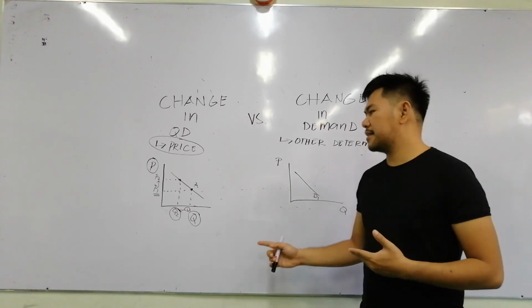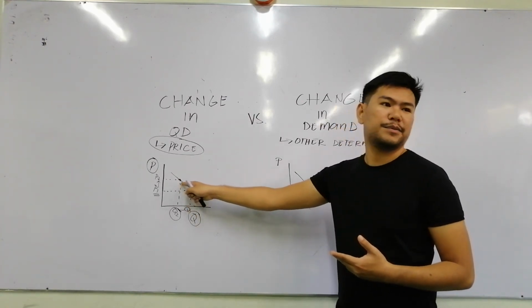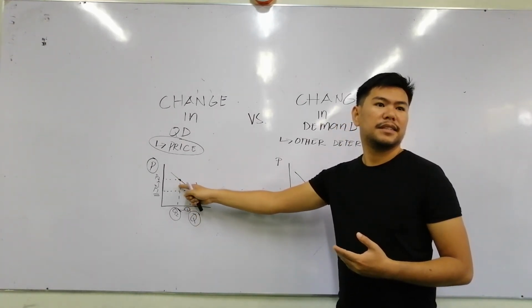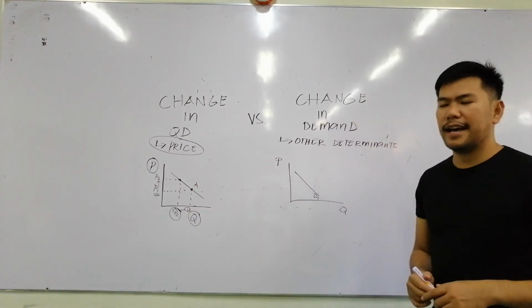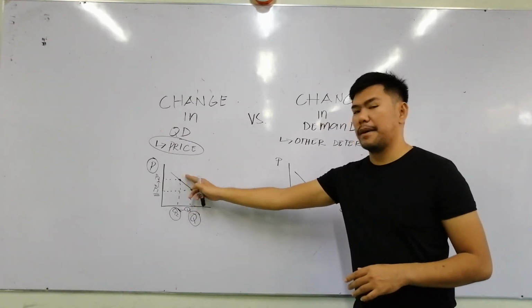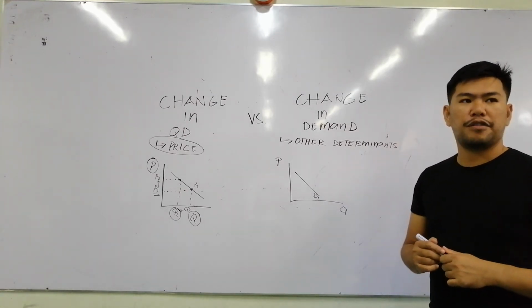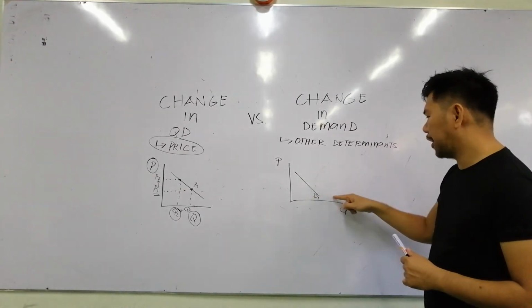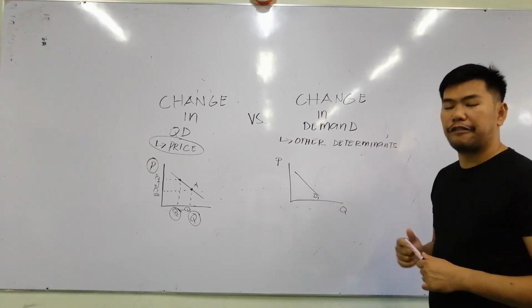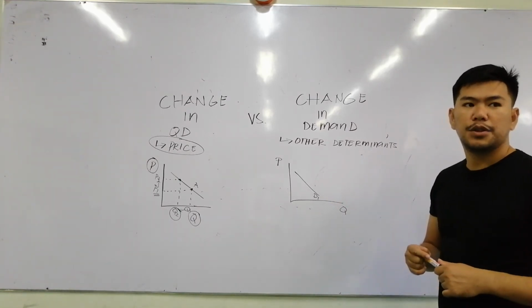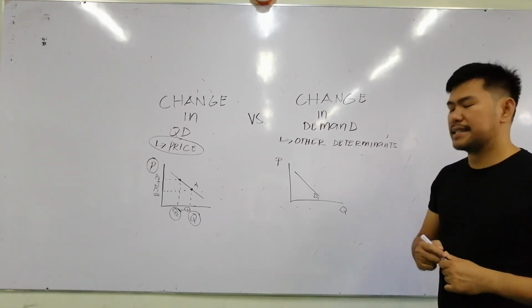Will it be the same with this one or not? There's no movement along the same demand curve, but there will be a shift. Where do you think will the demand curve of corn go, to the right or to the left? To the right, because it increases.